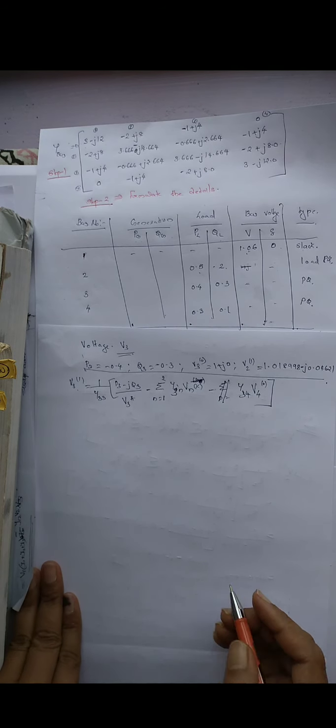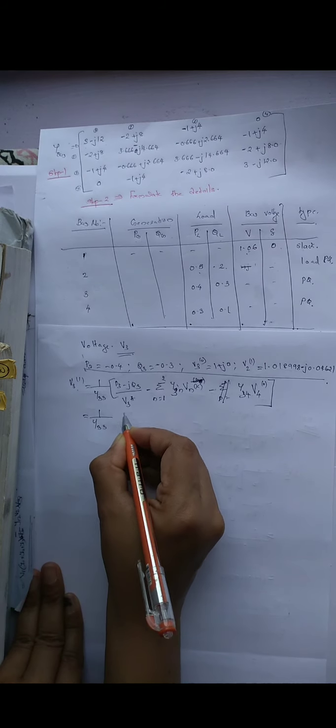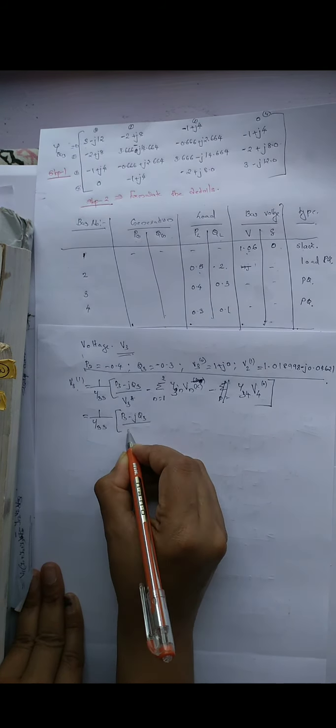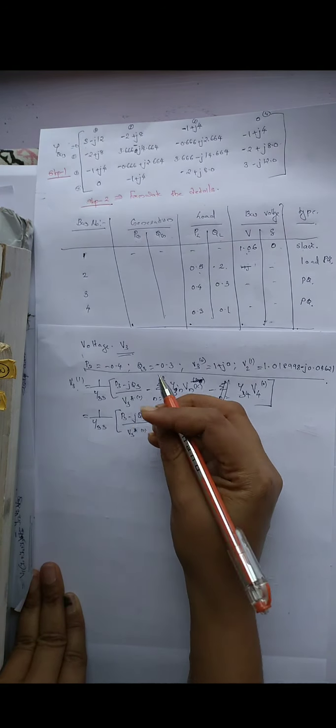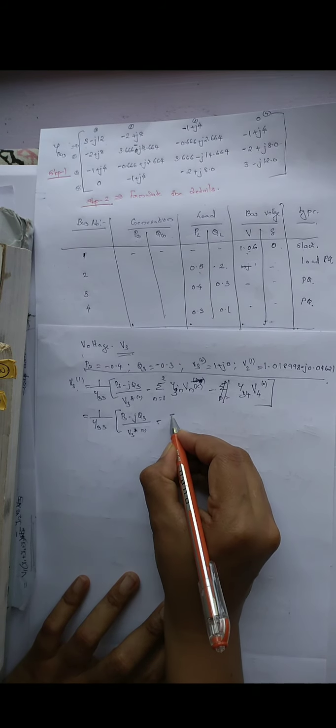That iteration value will be the 0th iteration. So again I have to rewrite my equation as 1 by Y33 into P3 minus JQ3 divided by V3 conjugate. Here the value is the 0th value because we don't have any other value, minus sigma.